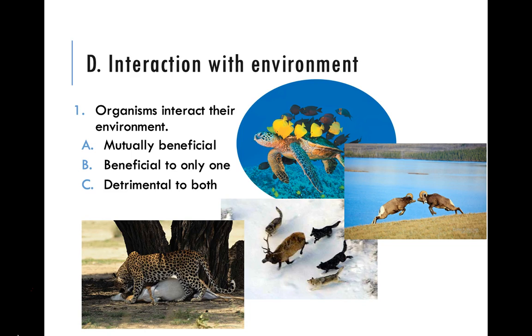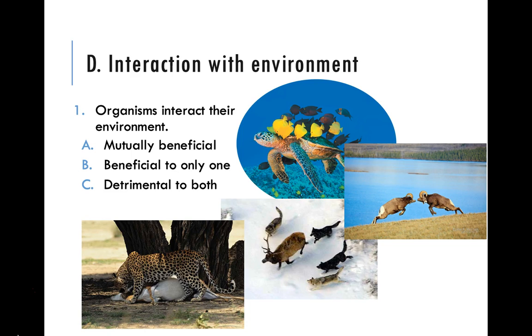And then you have interactions that are detrimental to both. So this might be fighting over a food source. If both animals get hurt in the fight, one might ultimately gain the resource, but it might be hurt in the situation as well. So here we have Dall sheep. They are most likely fighting over a mate.